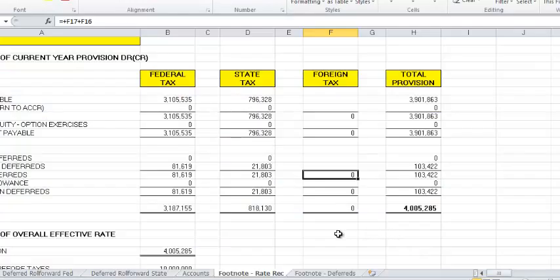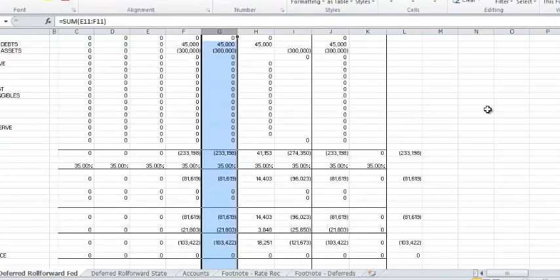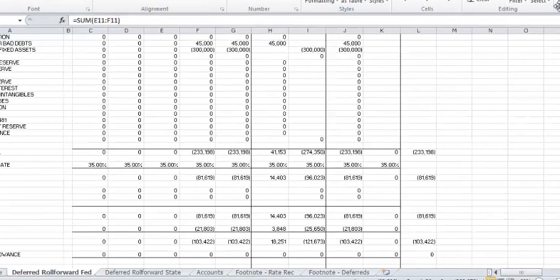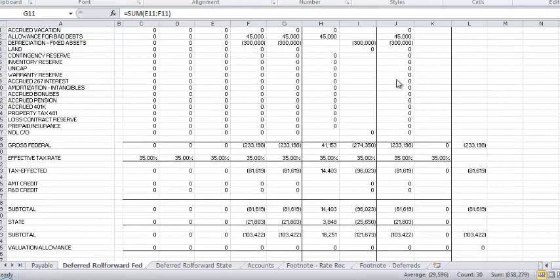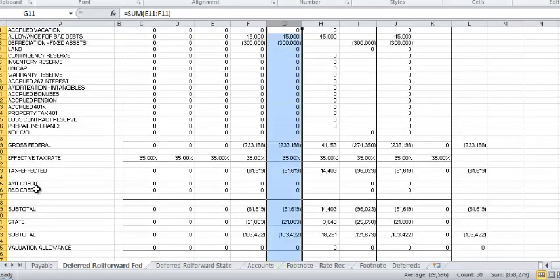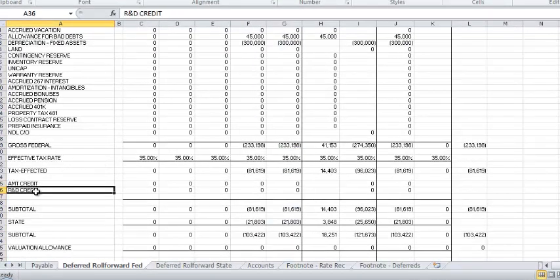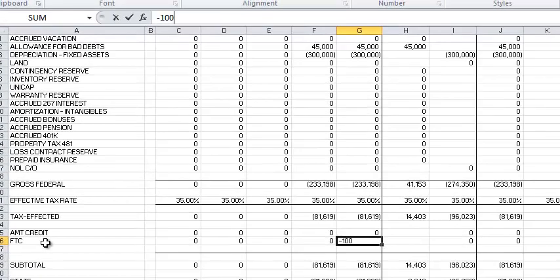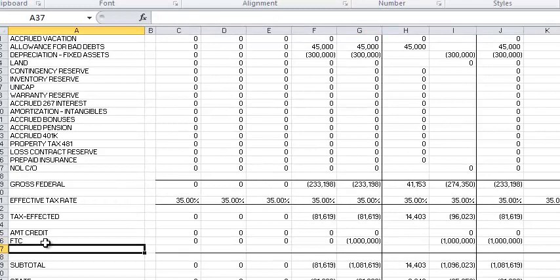Let me give you another example. This schedule, this deferred roll forward, that same company had an item in their deferreds called foreign tax credit, and it was a negative number. So explain to me how you could have a credit in your deferreds for foreign tax credits.